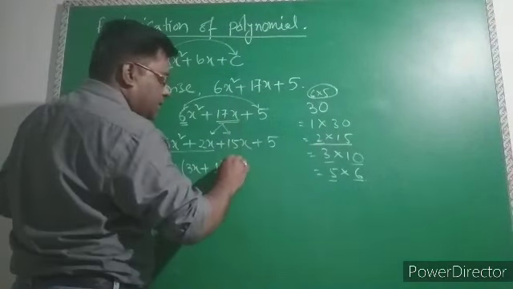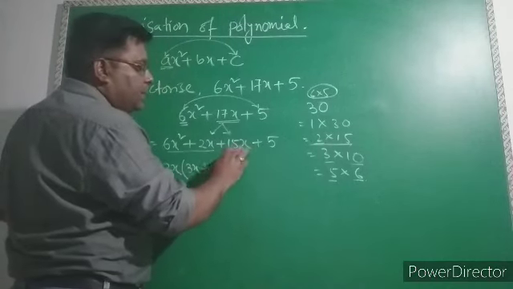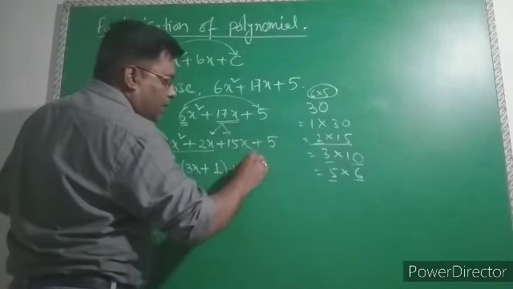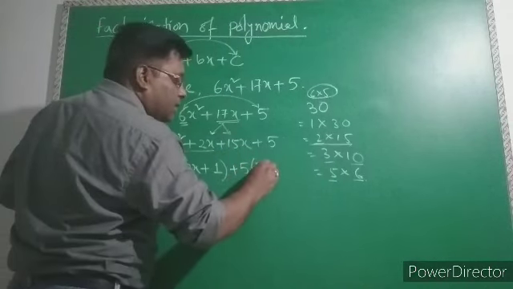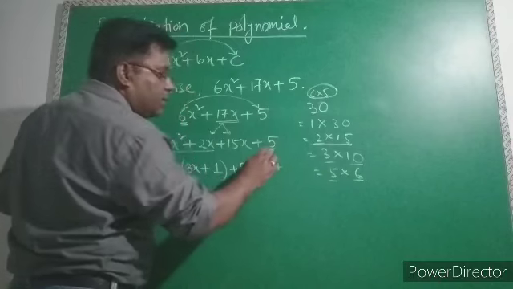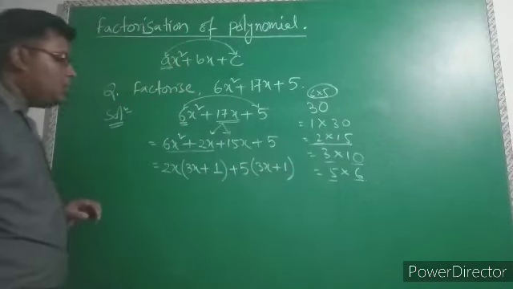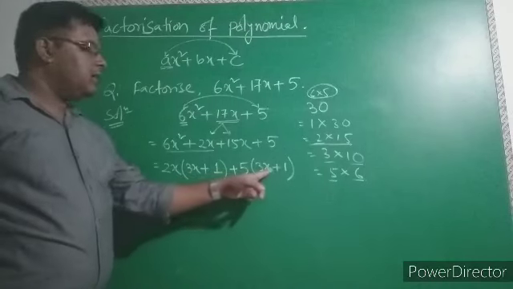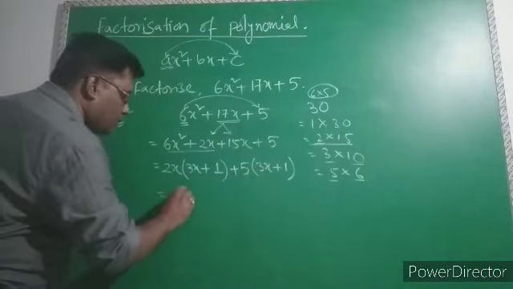Next plus. From this plus and plus we take plus common. And 15 and 5, we can take 5 common. So it's 15, 5 into 3. So it remains 3x plus 1 when we take this 5 outside. Now 3x plus 1, 3x plus 1, we can take this 3x plus 1 common.